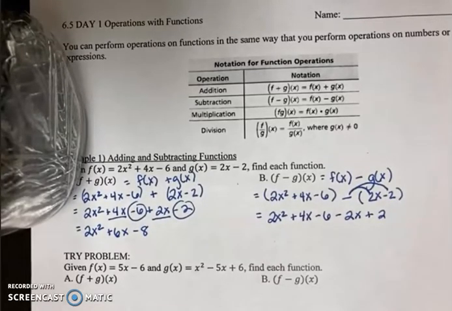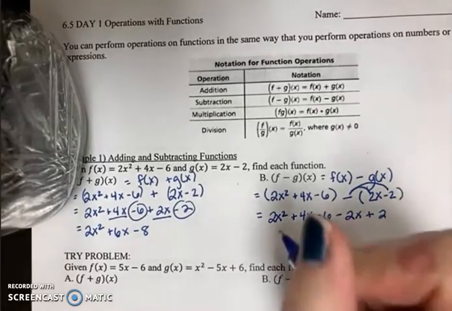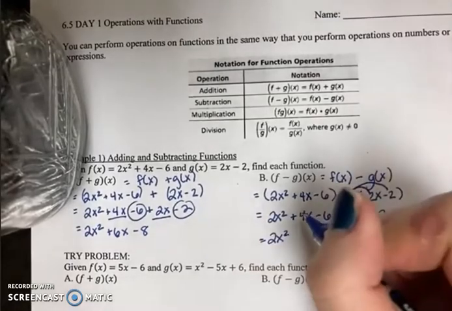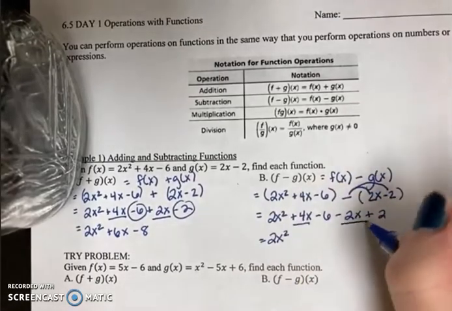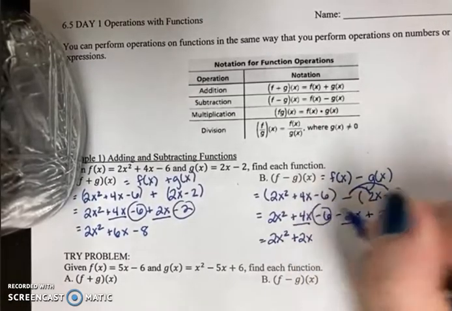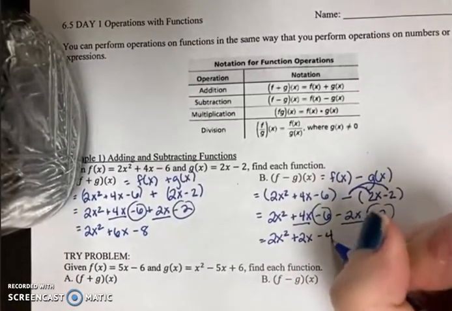And now I'm able to combine my like terms. I have a 2x squared, and that's the only one, so it just stays. I have a 4x minus 2x, which is plus 2x. And I have negative 6 plus 2, which is minus 4.